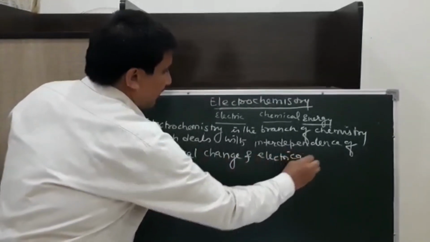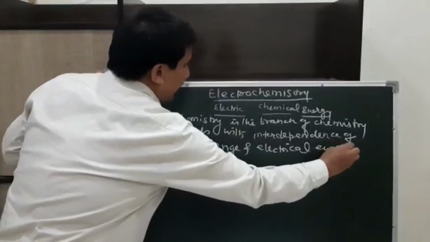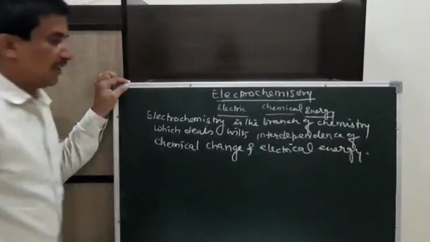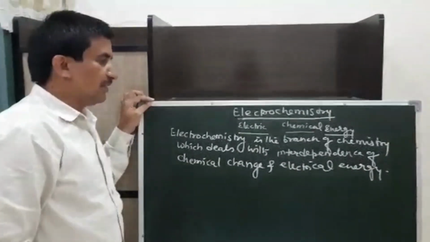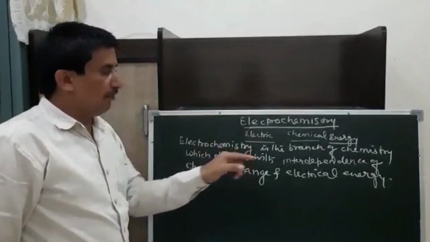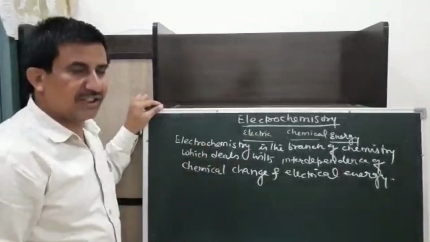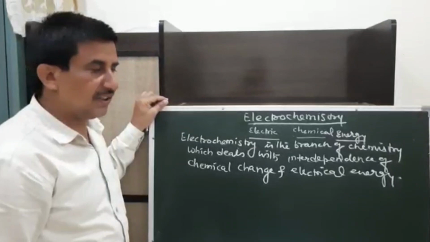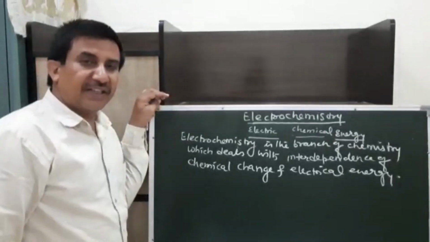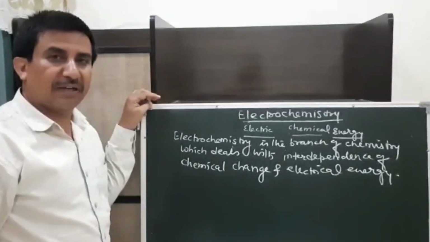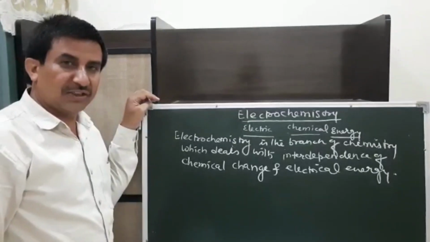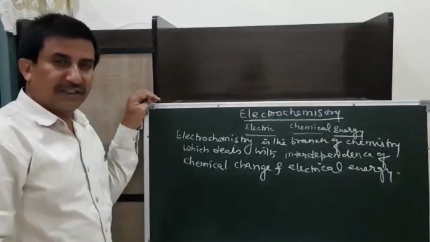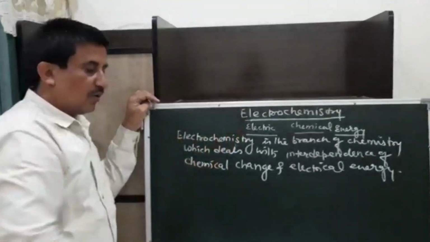So if I explain in very simple words, if we bring out a chemical change with the help of electrical energy or generate electric current with the help of chemical energy, both these phenomena are studied in this topic, electrochemistry.